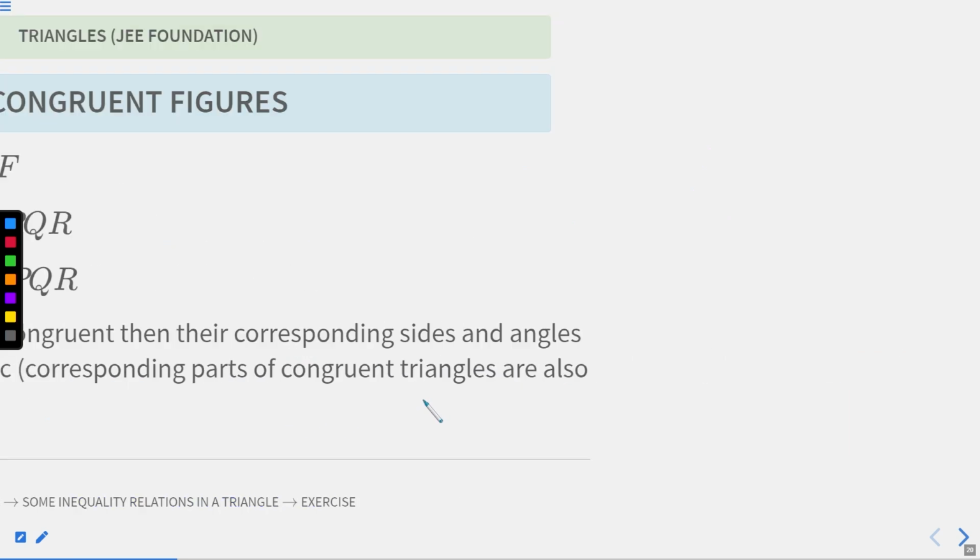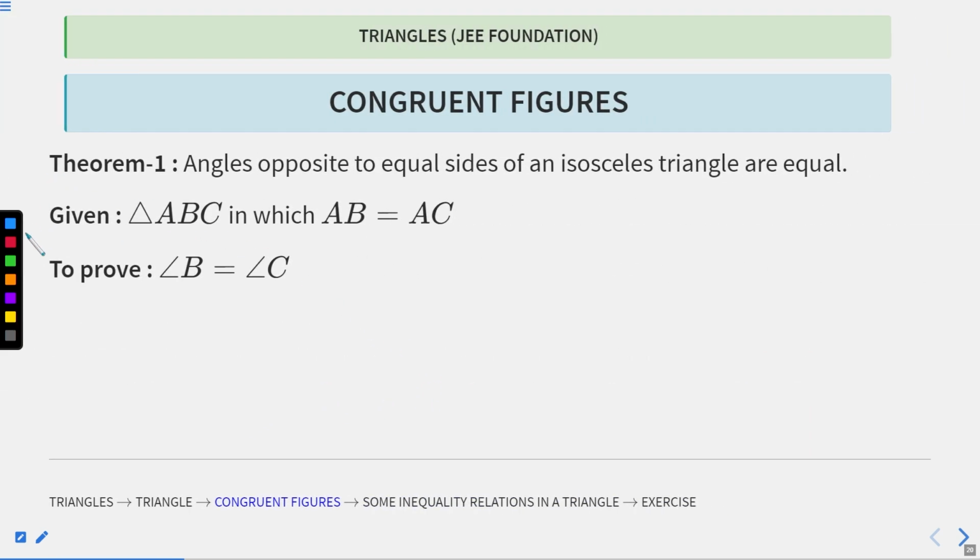Okay, let's move next and see the theorem. The theorem says: angles opposite to equal sides of an isosceles triangle are equal. This means we are talking about an isosceles triangle, so two sides are equal in length. Say these blue sides are both the same in length, and we don't know whether this purple side is equal to the blue side or not.